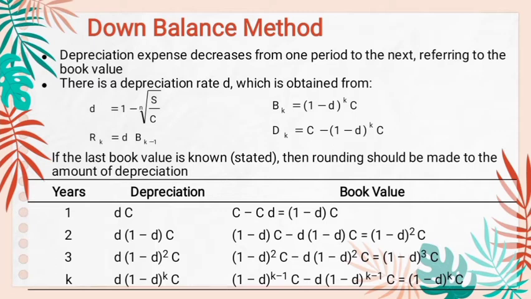Referring to the book value, there is a depreciation rate D, which is obtained from D equals 1 minus the n-th root of S divided by C, where RK equals D multiplied by BK minus 1, BK equals 1 minus D multiplied by C, then DK equals C minus 1 minus D to the power of K multiplied by C. And if the last book value is known, the rounding should be made to the amount of depreciation.